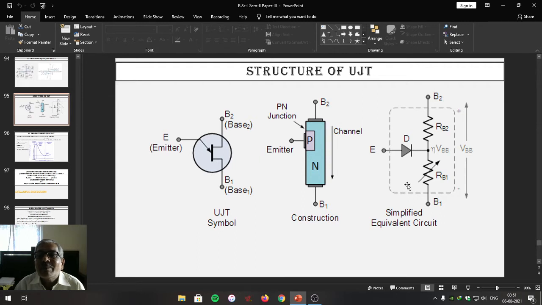Dear students, the PN junction along with resistances RB1 and RB2 spreaded between B1 and B2 represents the equivalent structure of UJT.